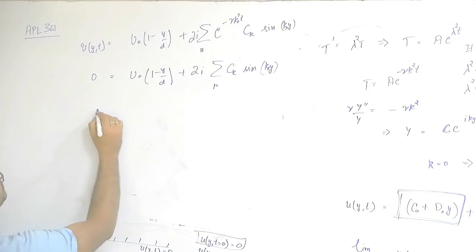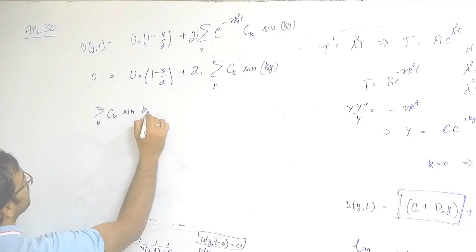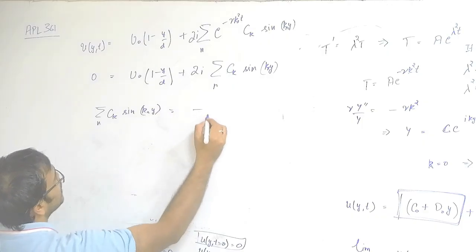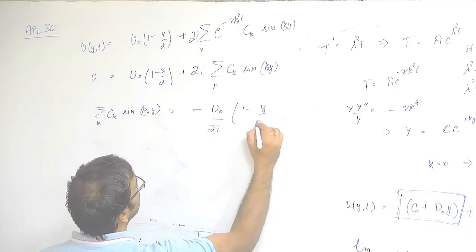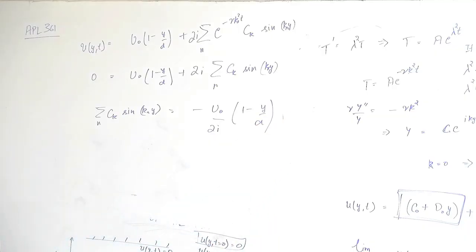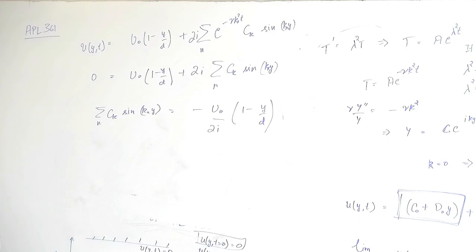So that means sigma n ck sine k n y is minus u naught by 2i, 1 minus y by d. How do we solve for ck from here?